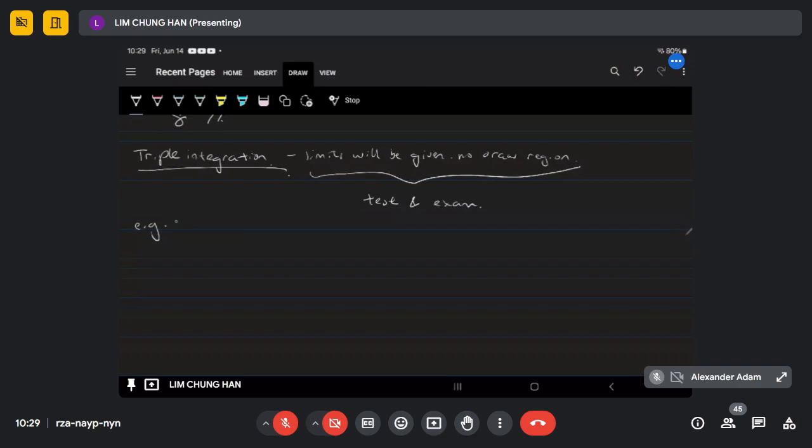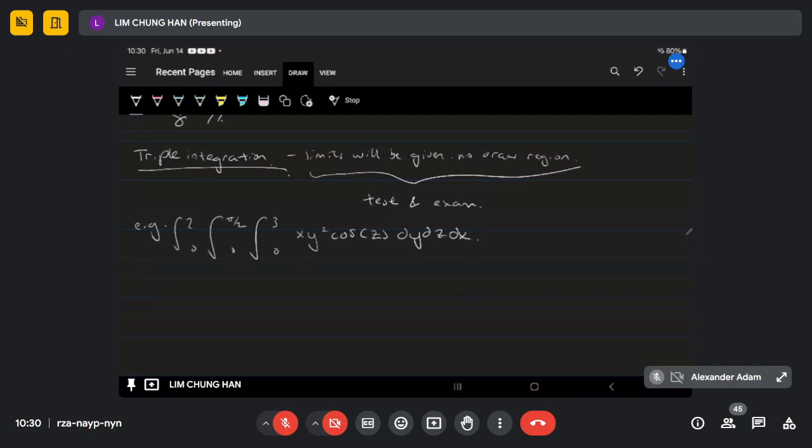For example, the limits given are 0 to pi over 2, 0 to 3, 0 to x, of y squared cos z dy dz dx. There. Limits given. You integrate straight away.